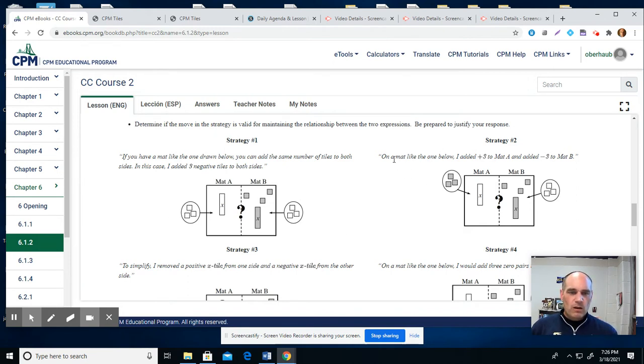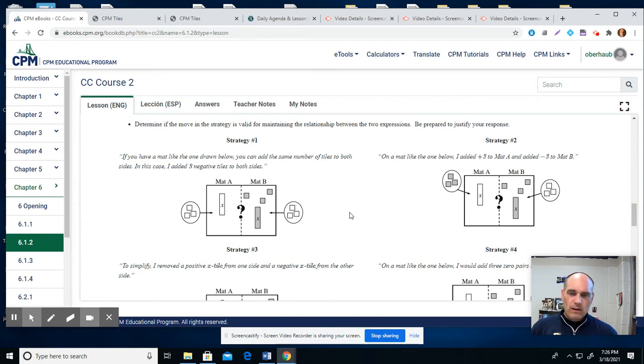Strategy 2, on a mat like the one below, I added positive 3 to this side and added negative 3 to this side. So they want to add 3 positives here and 3 negatives here. Is that a legal move? Well, remember what we've always said since we started this unit. If I'm going to take things off of both sides, they've got to be the same thing I'm taking off of both sides.